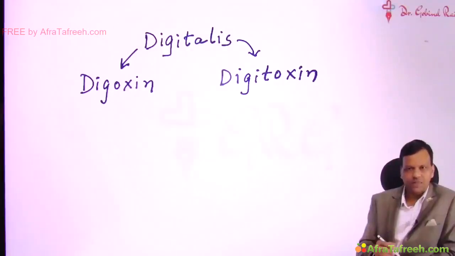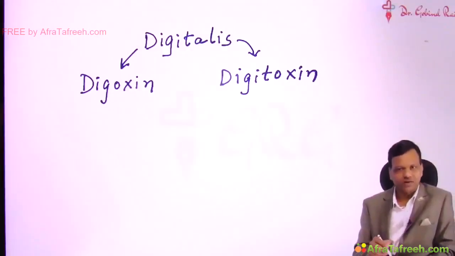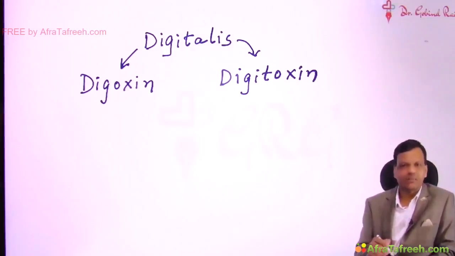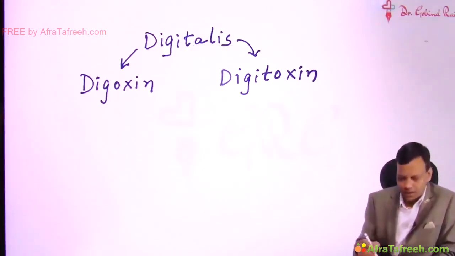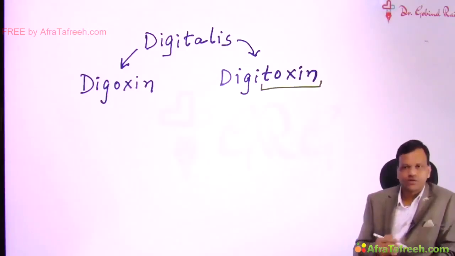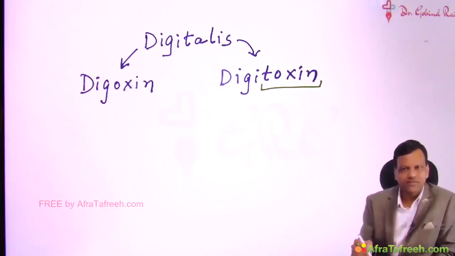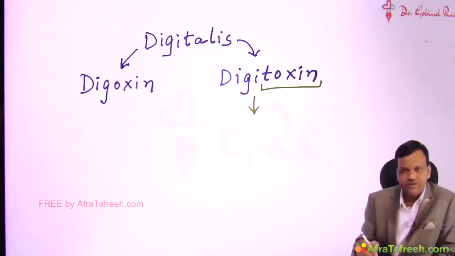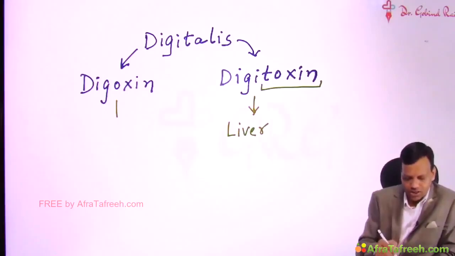You can easily remember, one of them is metabolized by the liver, one of them is mainly excreted by the kidney. And that you can remember is digitoxin, the name starts with toxin. When the name contains toxin, and we know all the toxins are metabolized in the liver, so this will also be metabolized in the liver. So digitoxin is mainly metabolized by the liver, whereas digoxin is mainly excreted by the kidney.